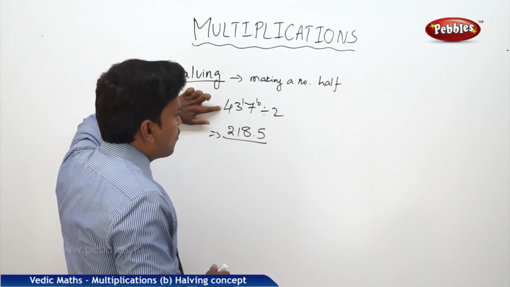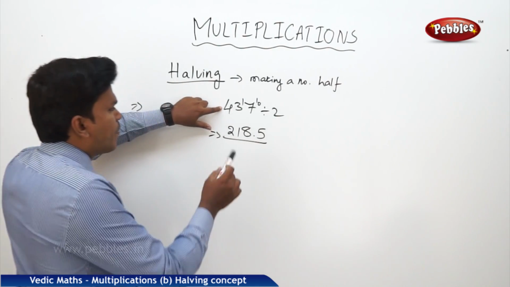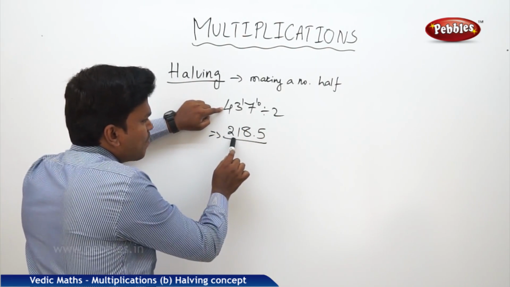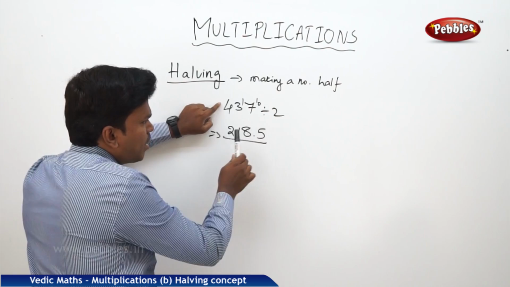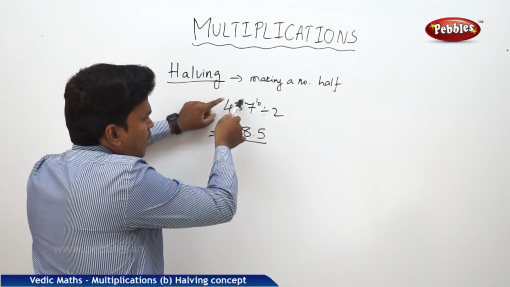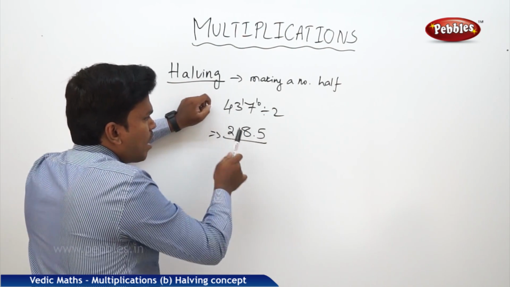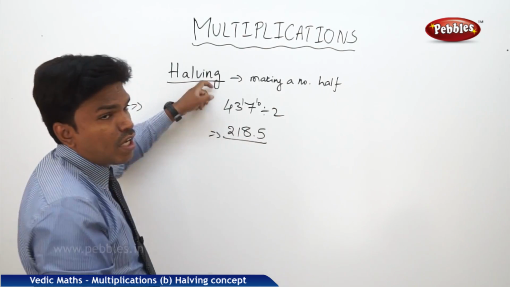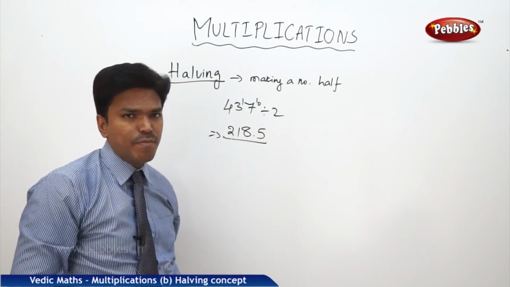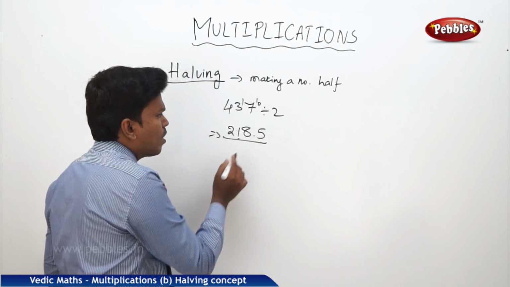Now you see here, if you divide 4 by 2, how many times does it go? 2 times. Yes or no? There is no remainder, that's why I didn't put anything after 4, before 3. Now if you divide the number 3, how many times does it go? 2 1 time. Yes, 2 1s are 2.